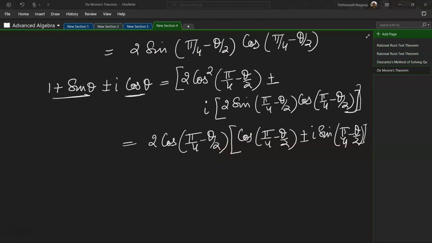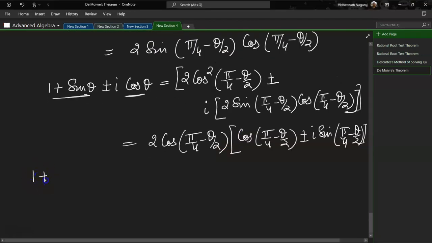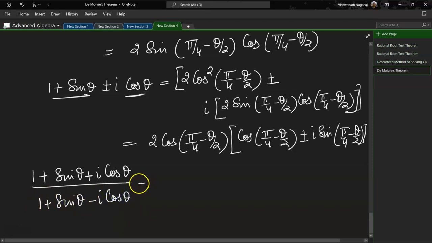Okay, let's bring in the original statement. 1 plus sin theta plus I cos theta divided by 1 plus sin theta minus I cos theta. We have already evaluated this, but remember here we have to the power of n, right? So on this side also we have to remember to put the power of n.